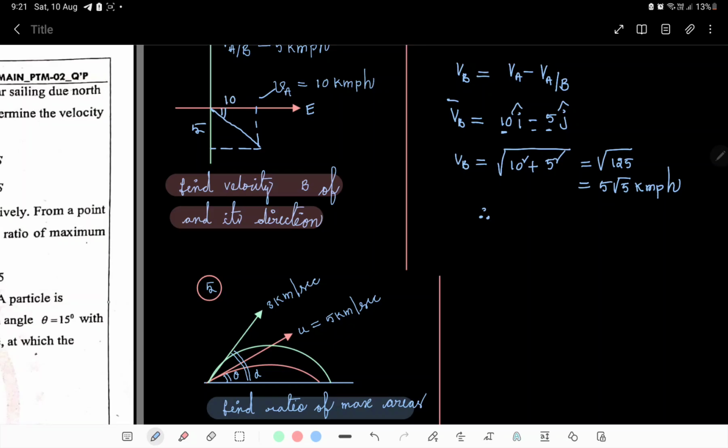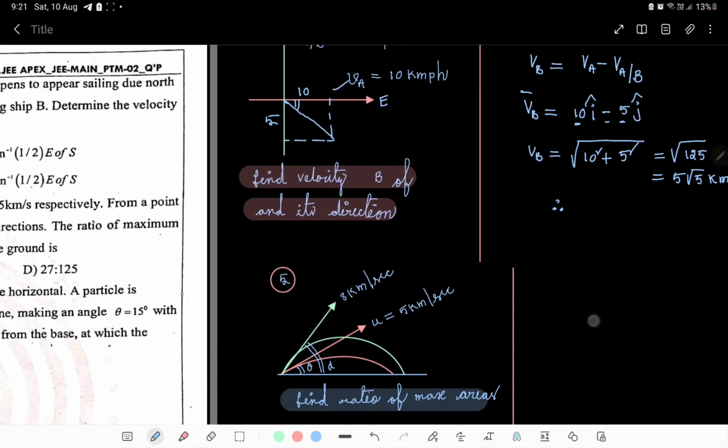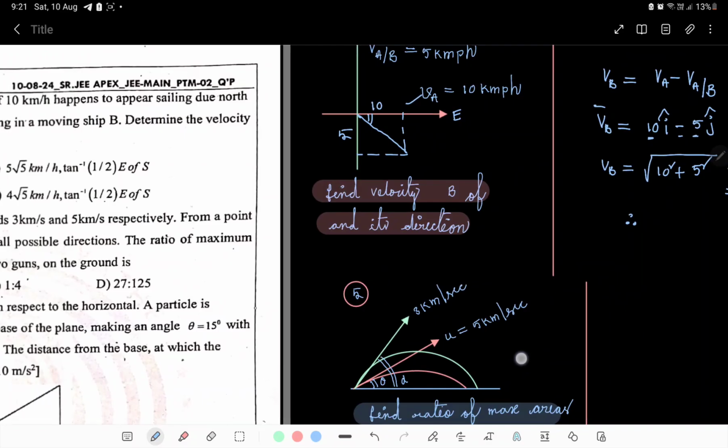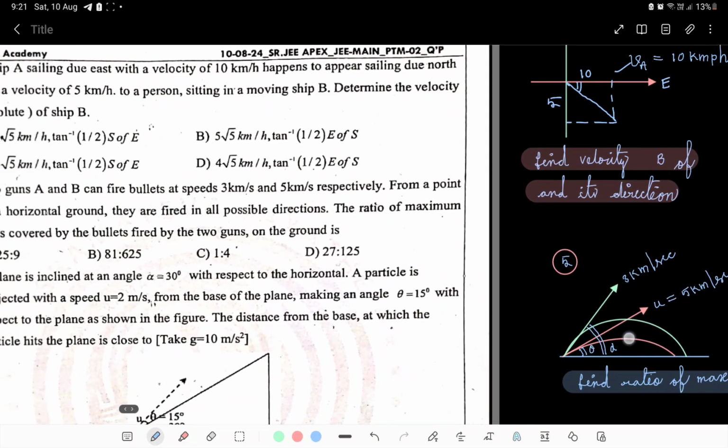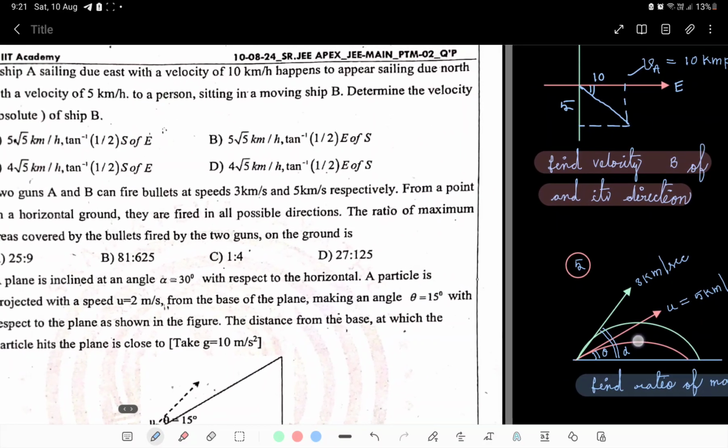Therefore this angle theta will be tan inverse of opposite by adjacent, that is 5 by 10, so tan inverse of 1 by 2.